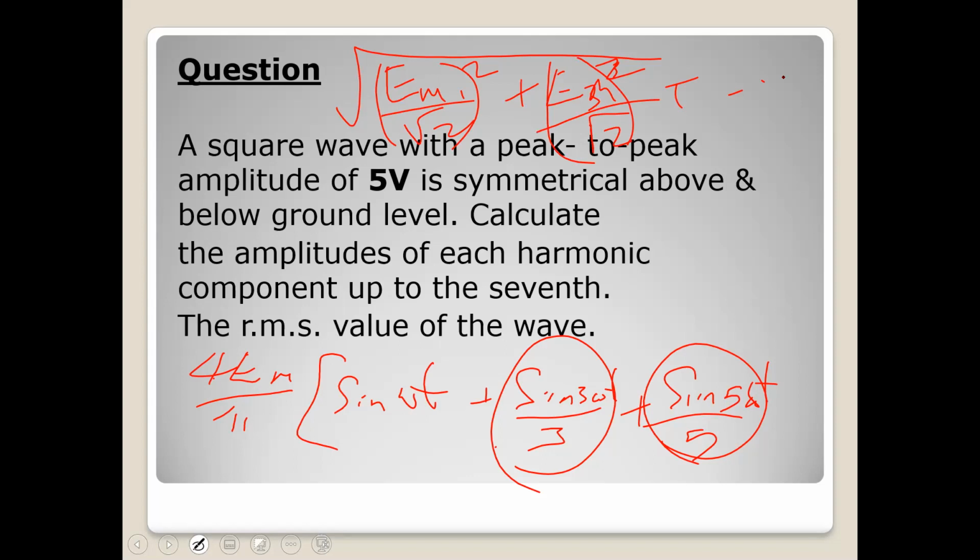Sir, why was the amplitude 2.5? That 2.5 would be EM. The reason it's 2.5 is because the peak to peak is 5.